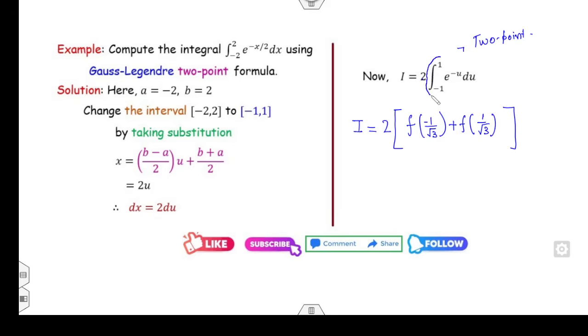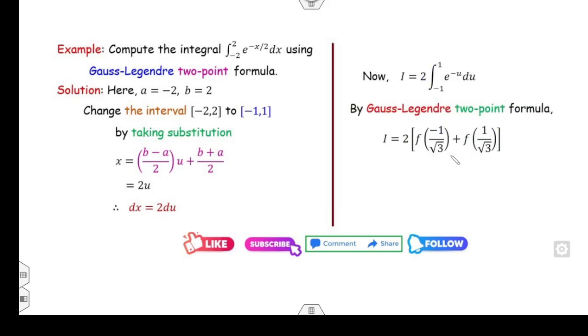The Gauss quadrature formula is applied on this side and 2 is outside. What is f? You can write it as f of u, which is the coefficient of du, that is e raised to power minus u.